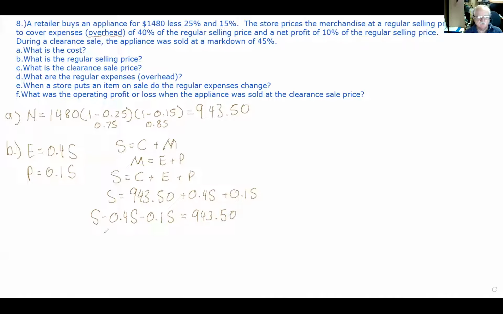So this is 0.5 S, still equal to 943.50. And so S equals 943.50 divided by 0.5, at which time I need a calculator. Although I could have just looked in the chat box.